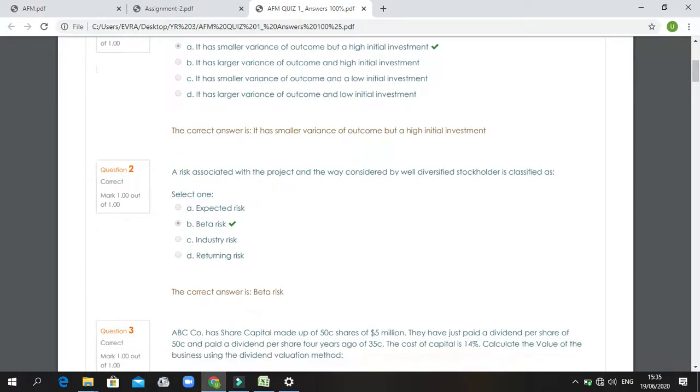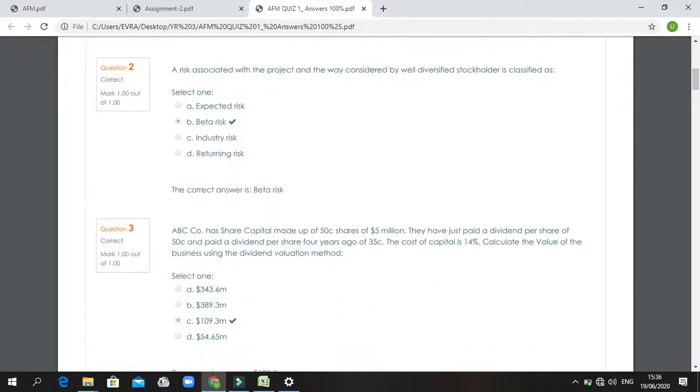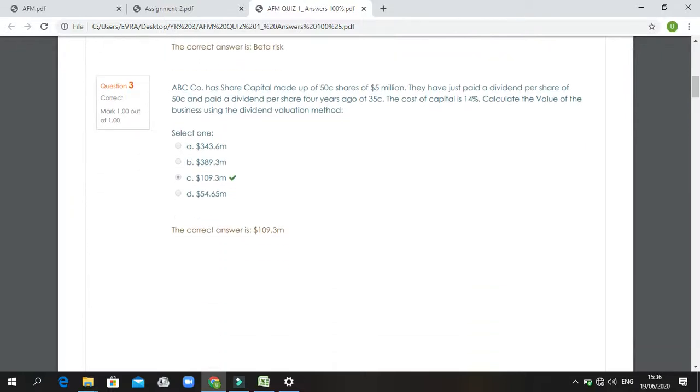Let's go to number 3. For question 3, they give you a scenario where ABC company has share capital made up of 15 shares of 5 million.